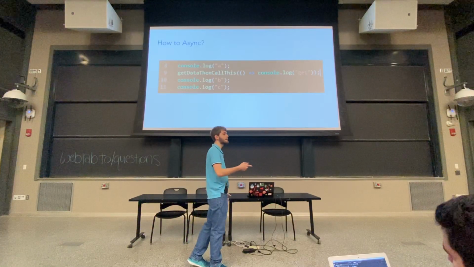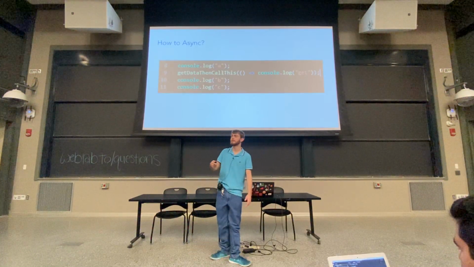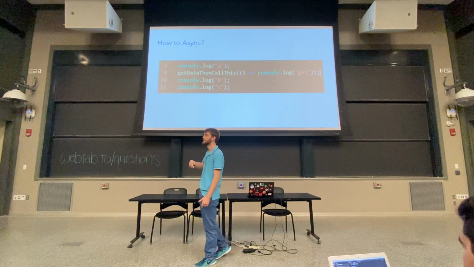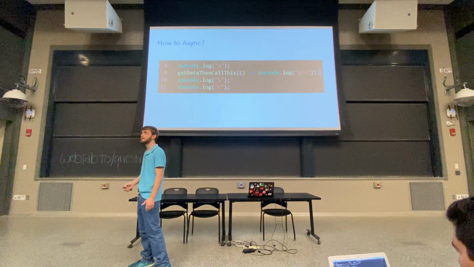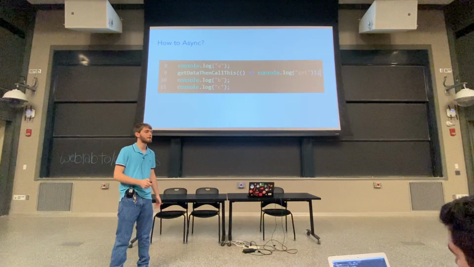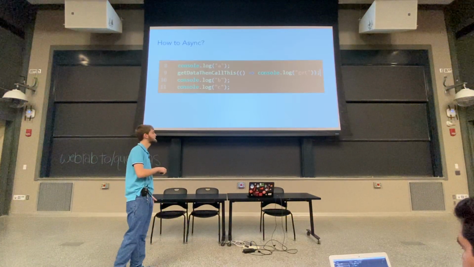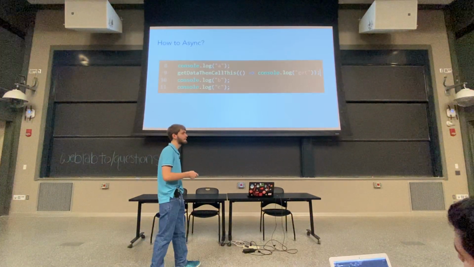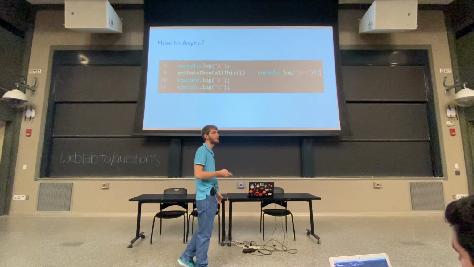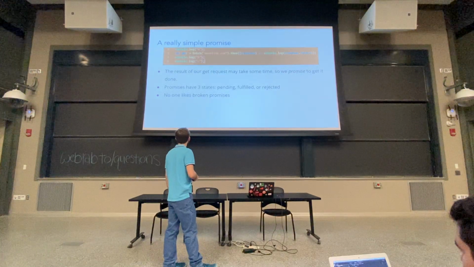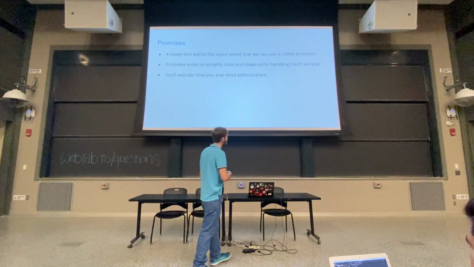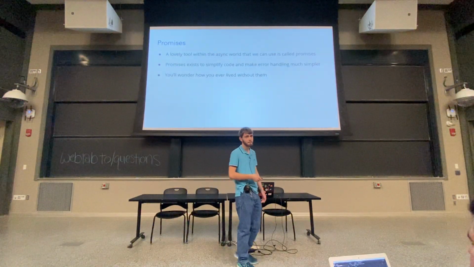If something relied on that console log, we would have to wait until the console log finishes before we can do the next thing. So with only just one thing, it might not seem all that important, but if we chain together a whole bunch of things that relied on each other, the code would become quite ugly in a nested mess. So fortunately, somebody invented the lovely idea of promises.